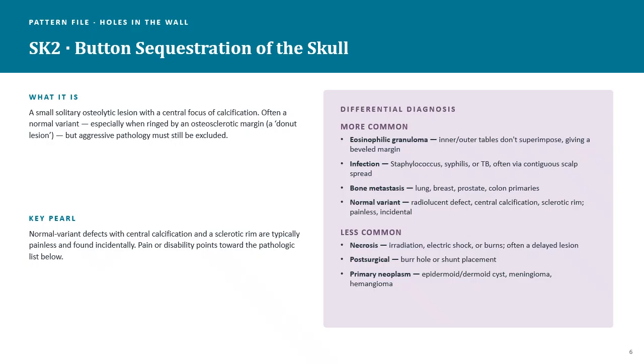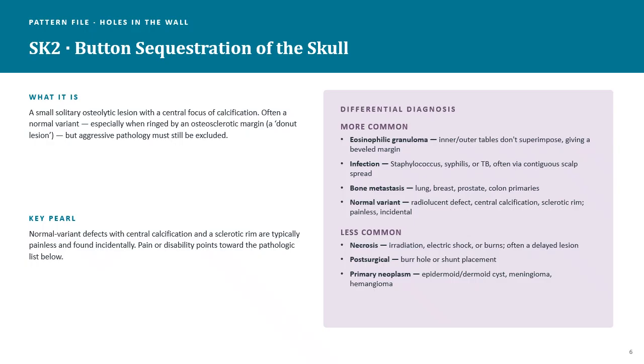This particular finding, if they're seeing it, it's important to know that this appearance can sometimes be normal, and it can also be harmless to the patient, especially when that area is smooth. It can appear well defined and have those sclerotic borders, and the patient can also have no symptoms.